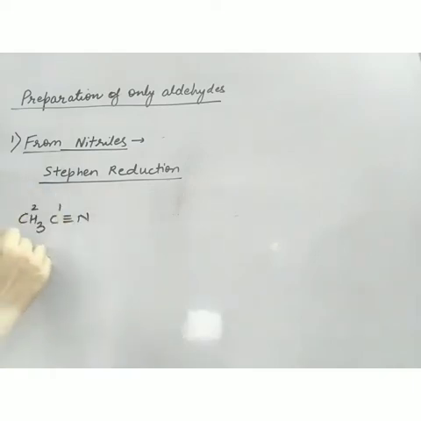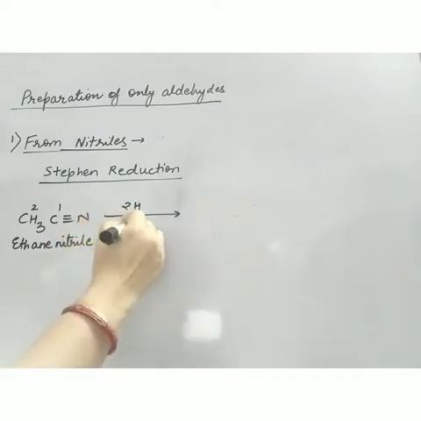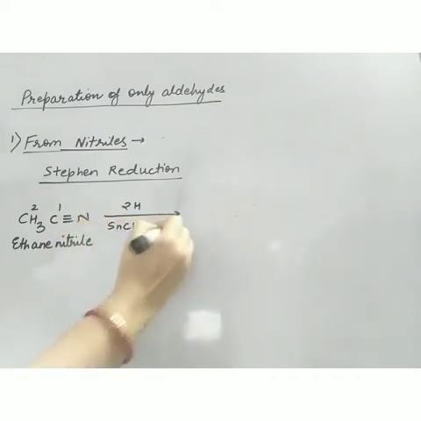Now this compound is ethane nitrile. In the first step there is addition of hydrogen, that is, reduction. So 2 hydrogen atoms I require here, and the reducing agent is SnCl2 in the presence of HCl. This is the reducing agent.